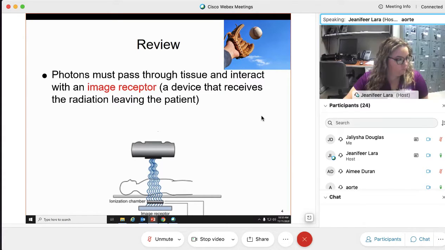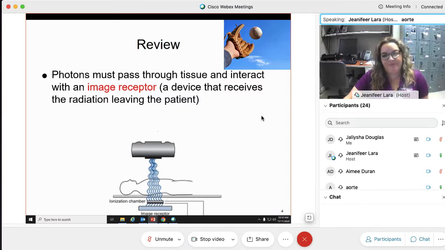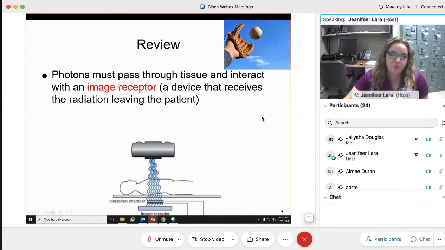Talking about total filtration, how much of the beam has to pass through all of this filtration in order for it to be deemed safe? 2.5 millimeters of aluminum. Perfect. So these photons must pass through 2.5 millimeters of aluminum as it exits out of the tube.